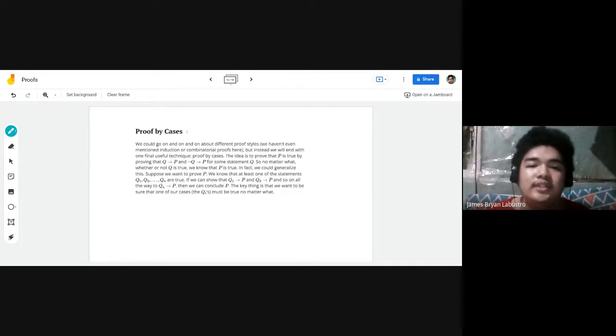Okay. So this idea is to prove that P is true by proving that Q implies P and not Q implies P for some statement Q. So no matter what, whether or not Q is true, we know that P is true. In fact, we could generalize this. Suppose we want to prove P. We know that at least one of the statements is true.